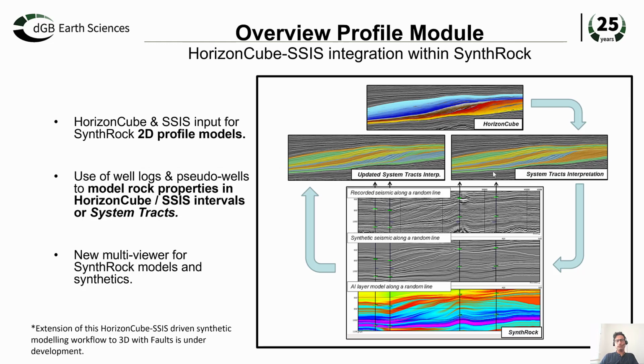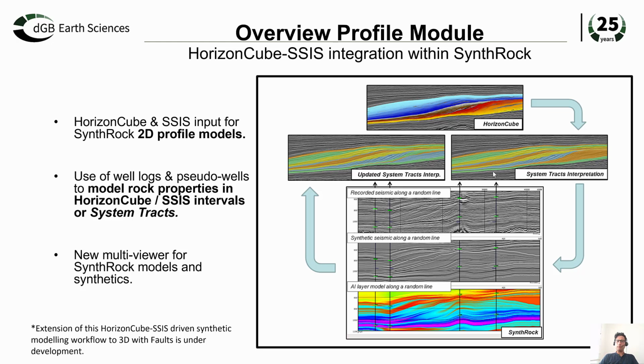A newly created feature in the profile module is the support of our HorizonCube and SSIS plugin. As you perhaps already know, HorizonCube is a set of automatically tracked horizons from which you could perform your system tracts interpretation. And these interpretations can be used by means of real well logs or even pseudo-well logs to model rock properties in various system tracts or SSIS intervals.